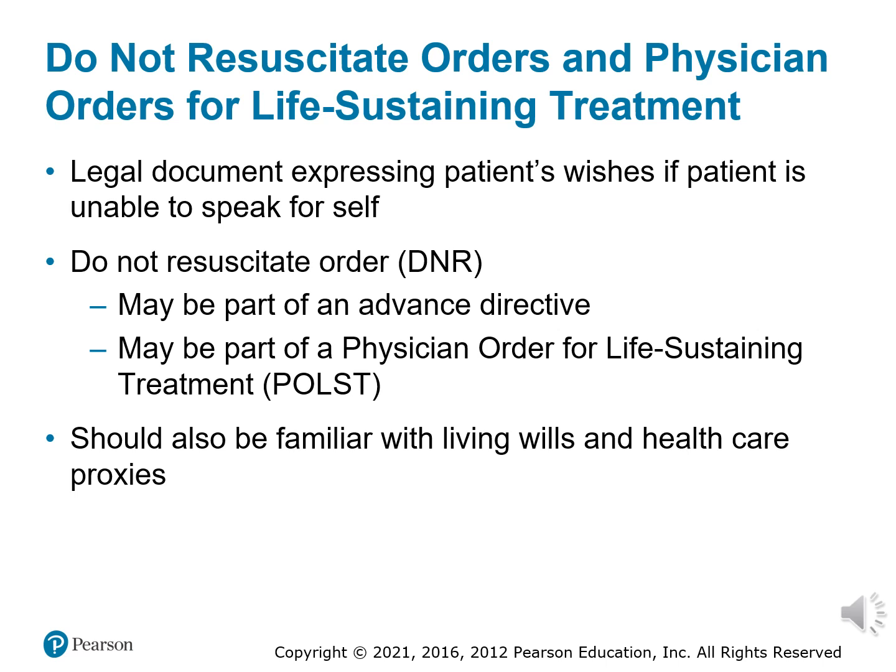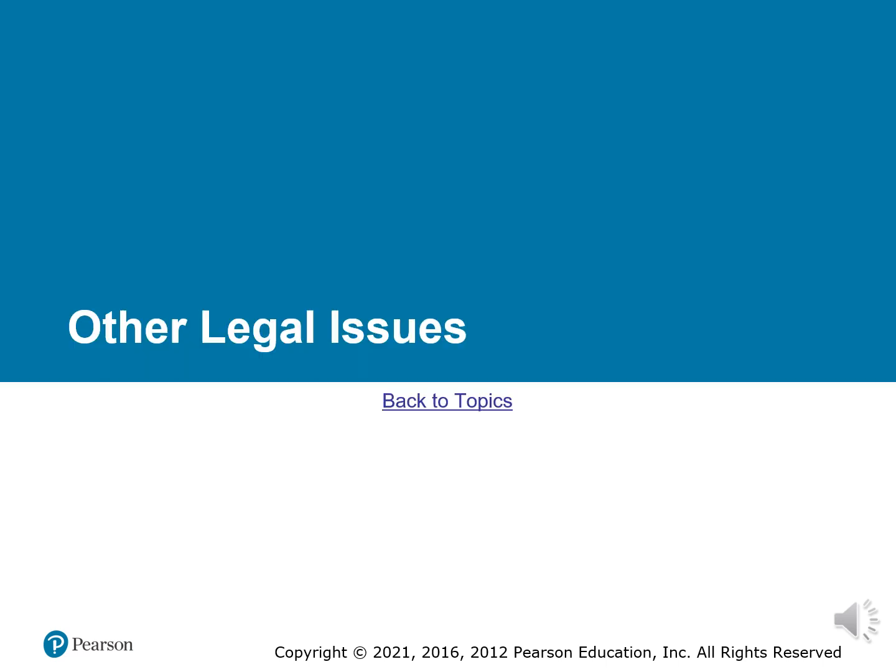So if you happen to go to a facility, say an assisted living for instance, and you're not familiar with it, go back to your department and actually research it or ask questions and be familiar with these living wills and healthcare proxies, because this is going to tell you what the patient wants for their end of life care. In this section, we're going to talk about other legal issues.